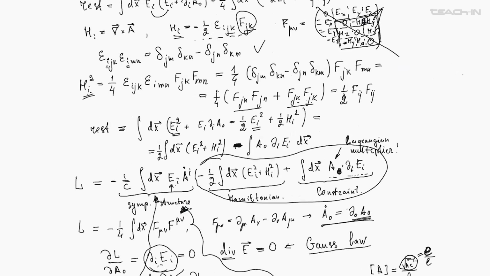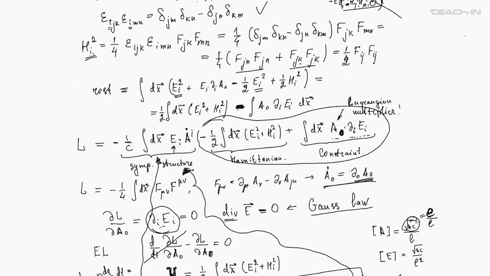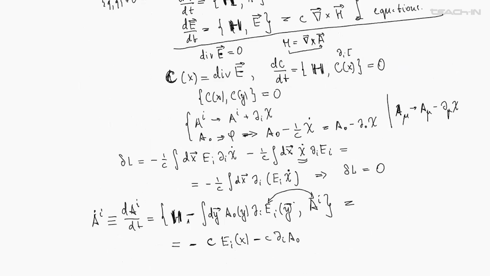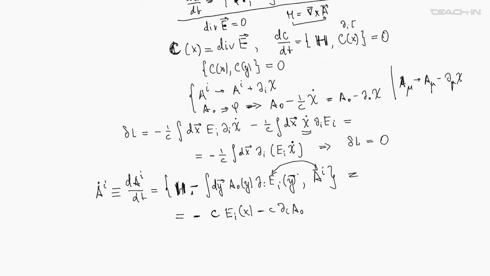This constraint does not contribute to equations of motion for E and H, and therefore I'm using only the Hamiltonian to write Hamilton's equations for E and H. But if I want to reproduce correct equations of motion for AI, then I also have to take into account the presence of this constraint term. Okay, that's the result of direct calculation. That's what you see from direct calculation, that you need to take into account, otherwise you don't reproduce correct equations of motion for AI.